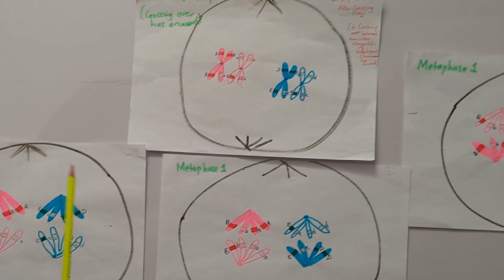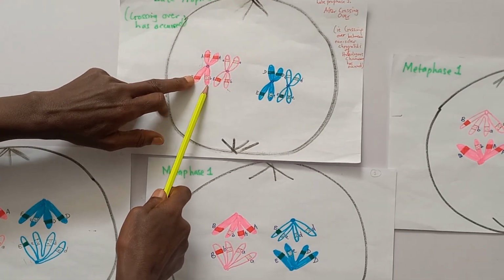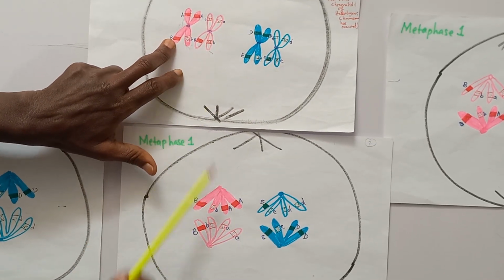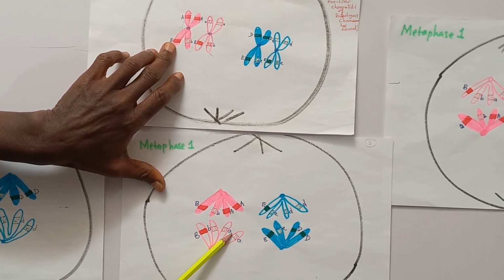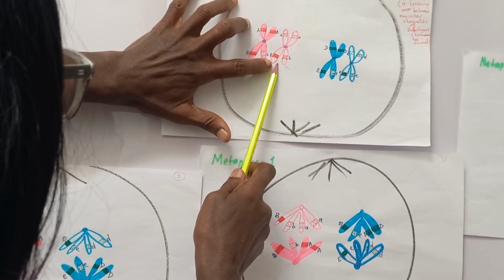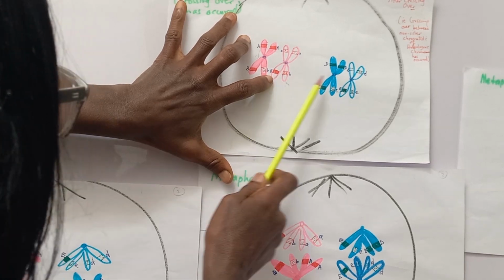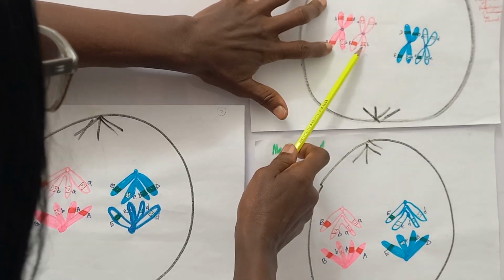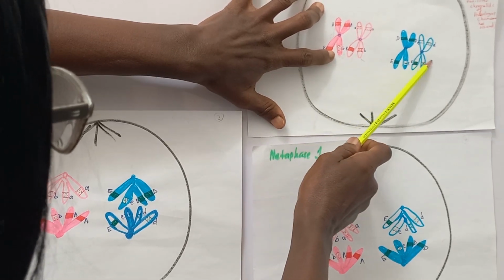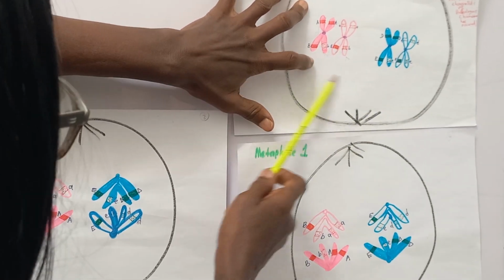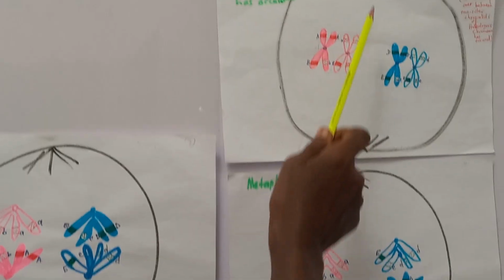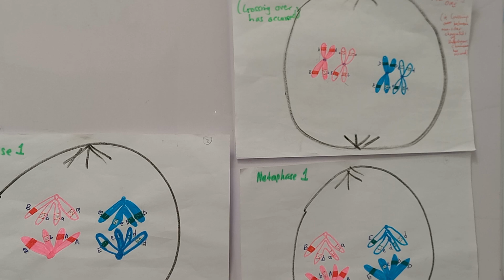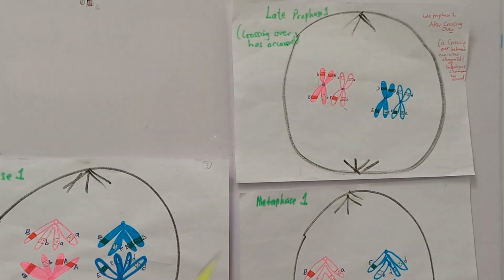We could have that arrangement, or this chromosome is going to lie in the same plane with that chromosome, and their bivalent comes down like this. Or that chromosome is going to lie in the same plane with this chromosome, with their bivalents down. Or that chromosome lies in the same plane with that chromosome, and their bivalents down. Now, notice the angle of the spindle in meiosis 1. This is the direction of the spindle.